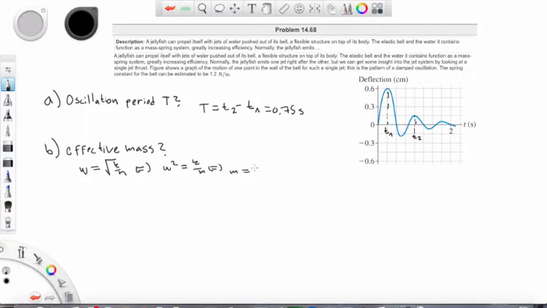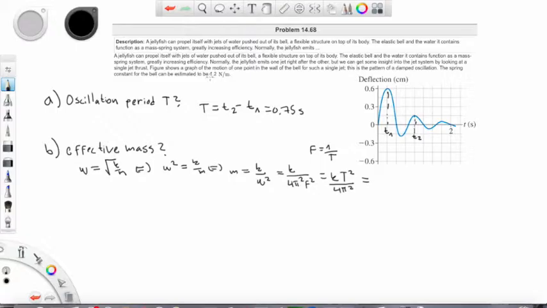So m will be k over omega squared. And omega squared is 4 pi squared times frequency squared, and we know that frequency is 1 over period, so we get k times T squared divided by 4 pi squared.